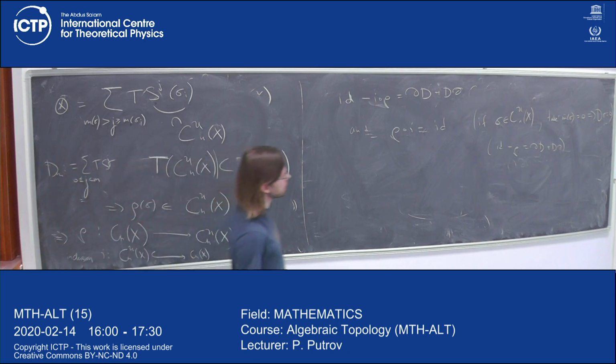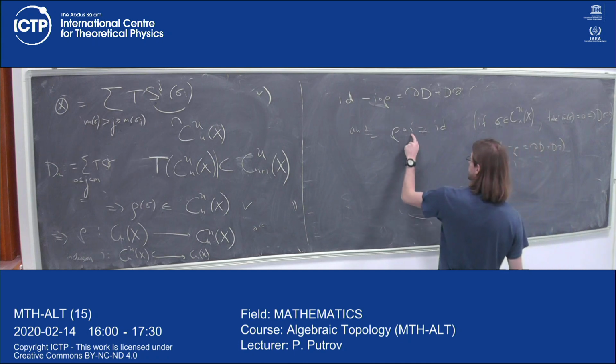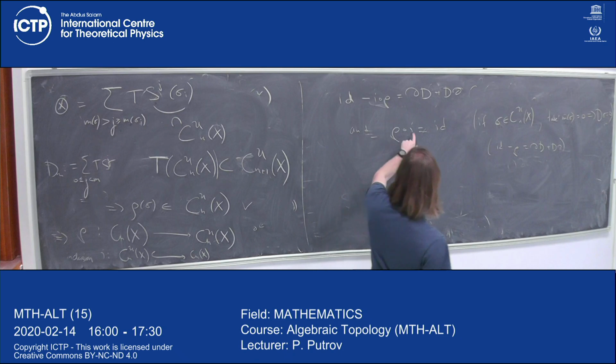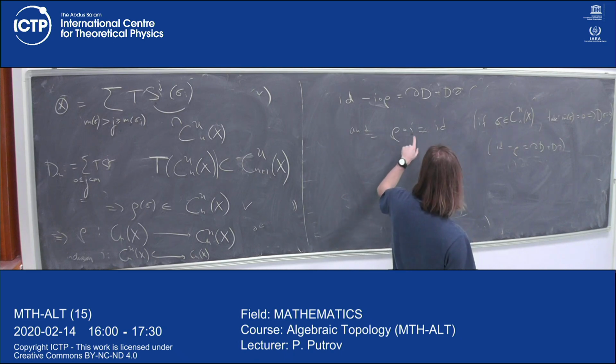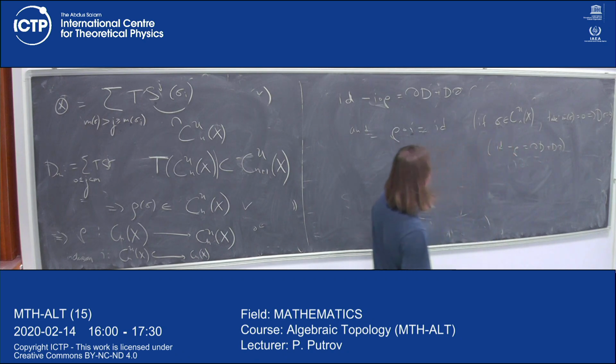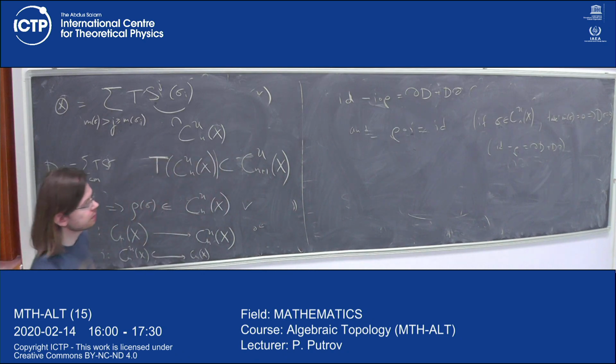So if we restrict it to elements in the image of this inclusion, if I compose with inclusion, everything here will be 0, and this will be just the identity.